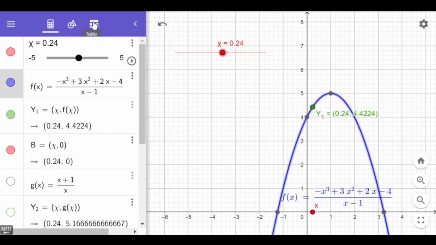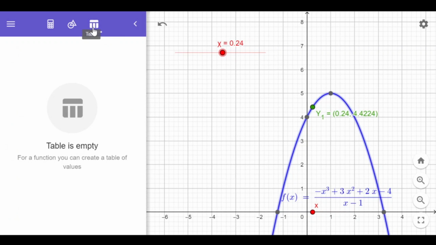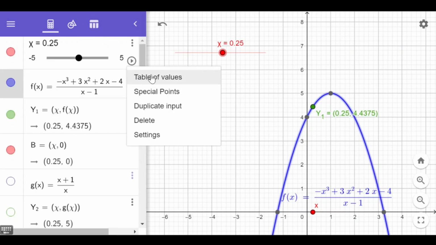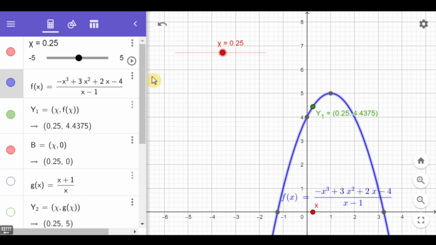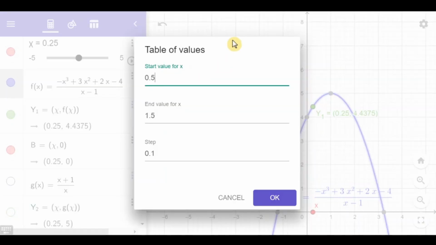So, I want to create a table of value here using our first function as f of x. Undefined ito. So, let's create a table of value. This is undefined at 1, no? So, kung around 1, I may want to start the x values at 0.5 at saka 1.5.